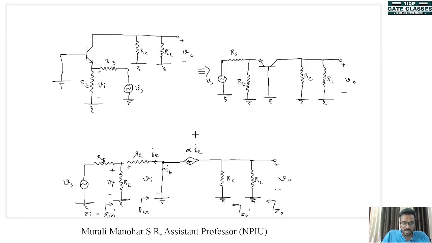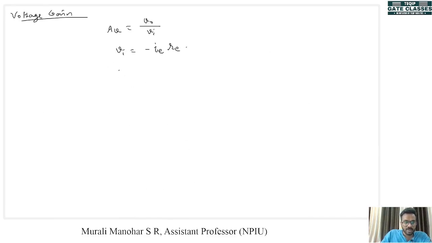Now what will be V out? This can be written as RC parallel RL, and the output current will be like this, which is I out. So output voltage will be equal to I out into RC parallel RL. We know that I out is nothing but minus alpha into IE. So V out can be written as minus alpha IE into RC parallel RL.